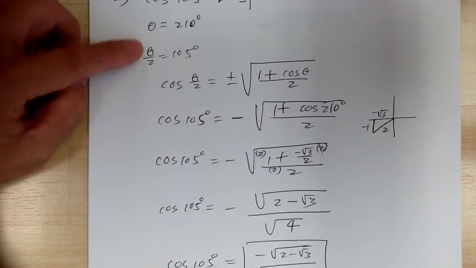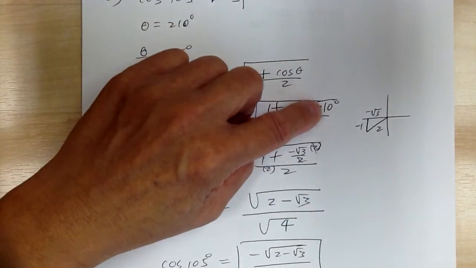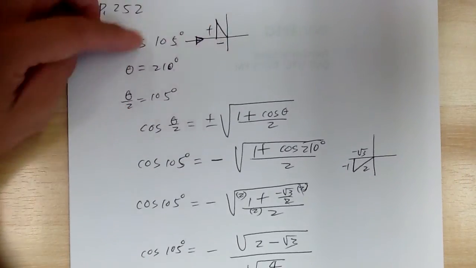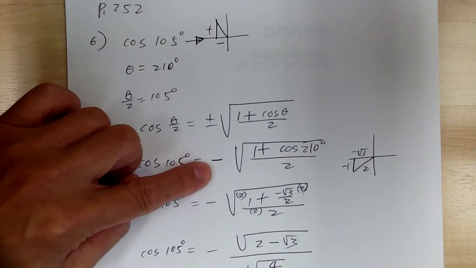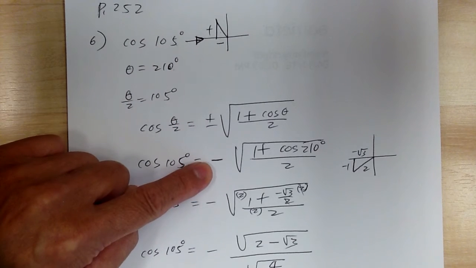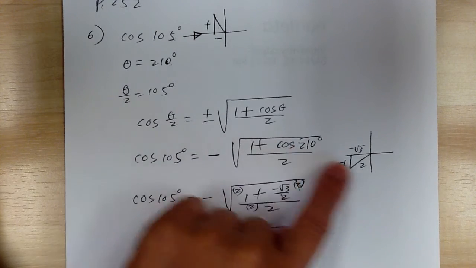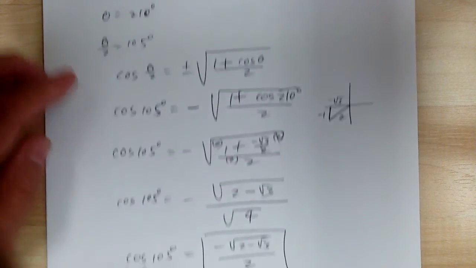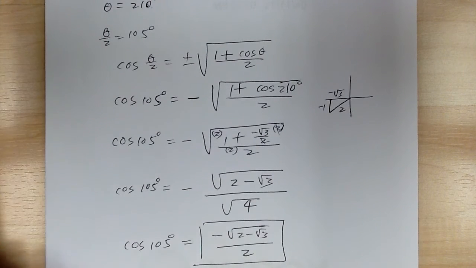So theta over 2 is 105, and then theta is 210. Again, you have to draw your triangle for the original angle to figure out if it's a plus or minus. That's why I get a minus from here. Again, cosine is negative. Then from here you have to draw another triangle to figure out the value of that, and from there just use your algebra to simplify.